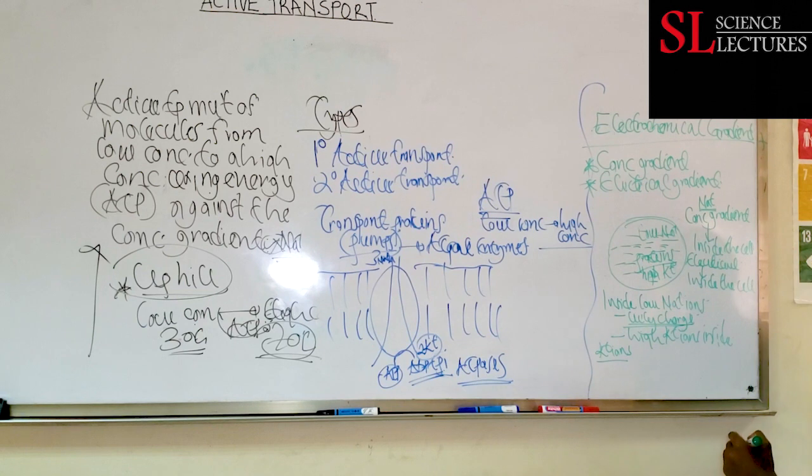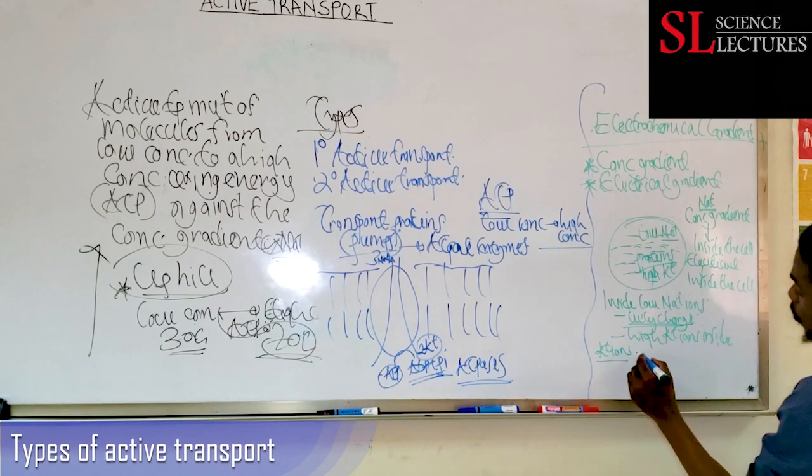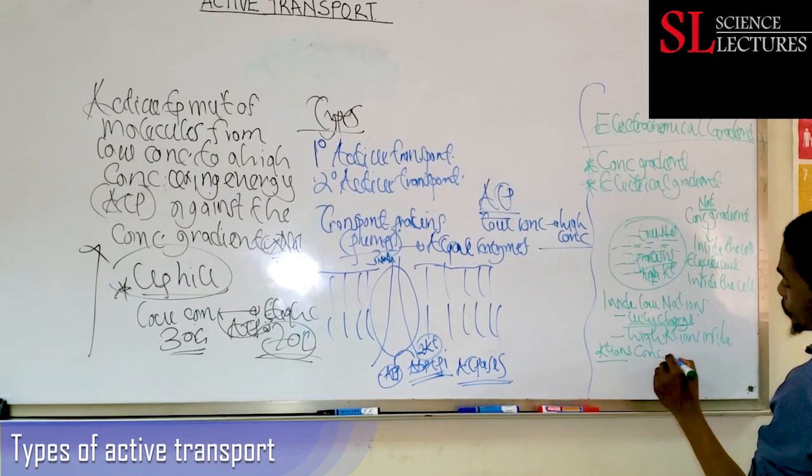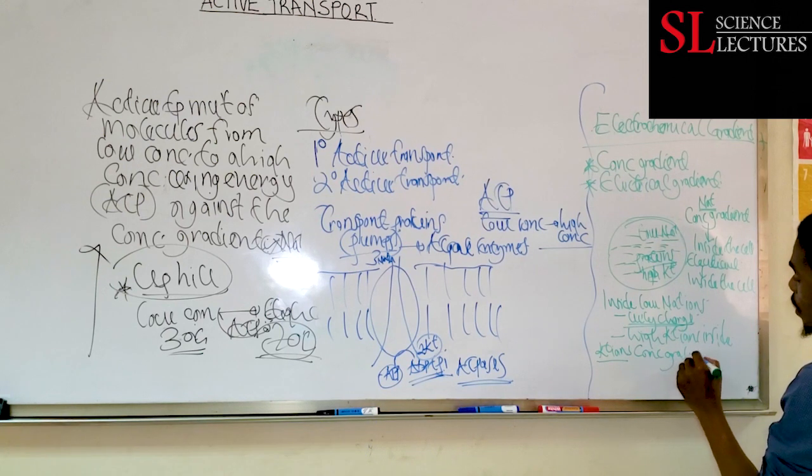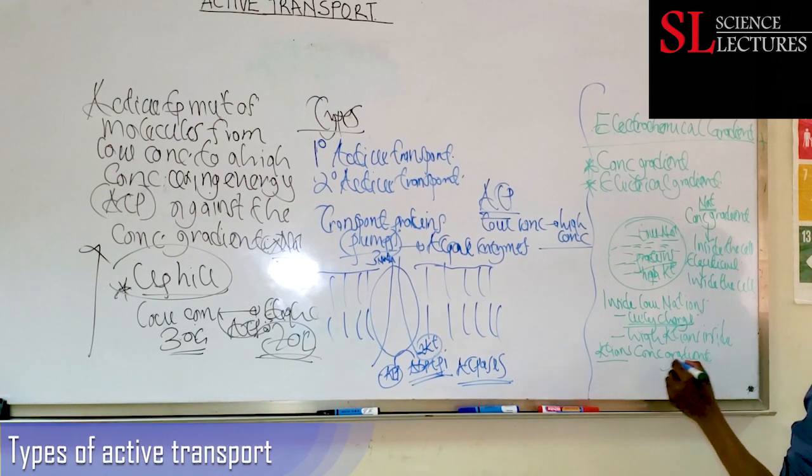What will happen? So for the potassium ions, the concentration gradient, remember we said there are many inside the cell.